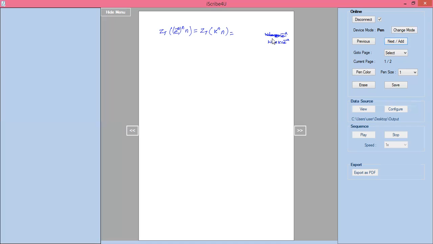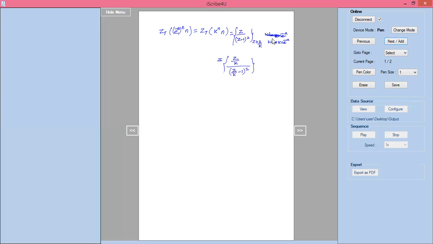Already we know the formula of the Z transform of n: z divided by (z minus 1) whole square. In the place of z, I'll replace z by z/k. This is called the damping rule. Already I told the damping rule in the last class. Now, if I substitute z by z/k, I get (z/k) divided by (z/k minus 1) whole square.